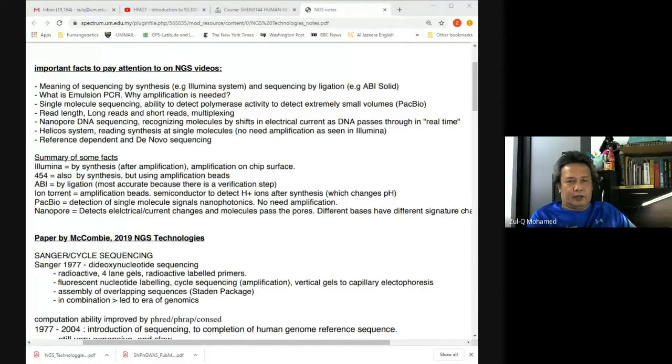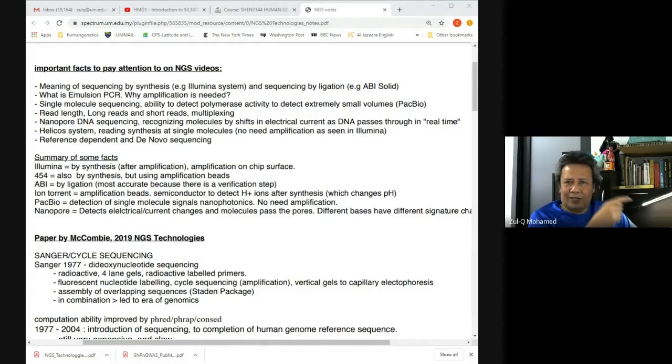But Ion Torrent still uses amplification, while PacBio, Nanopore and onwards are what we call the third generation. Sorry, I was a bit confused just now. Ion Torrent still uses amplification, but it uses a different method of detection.